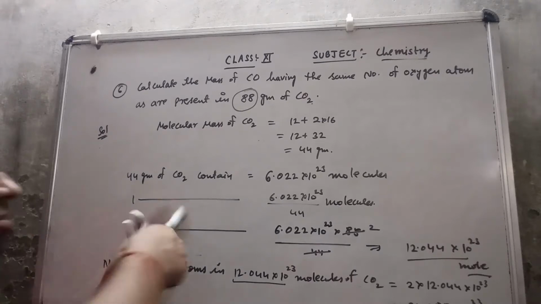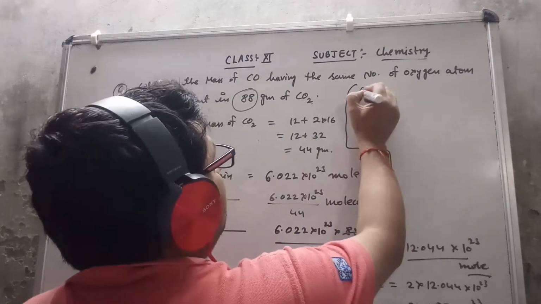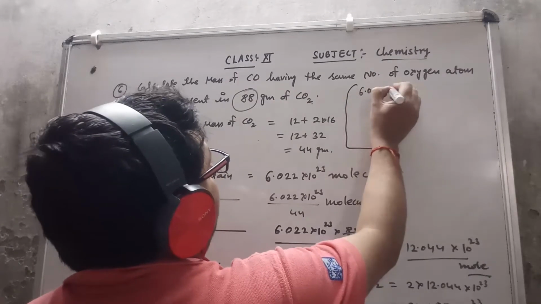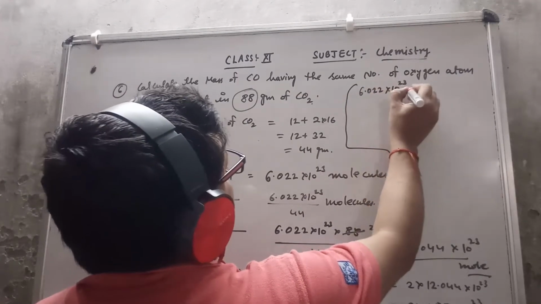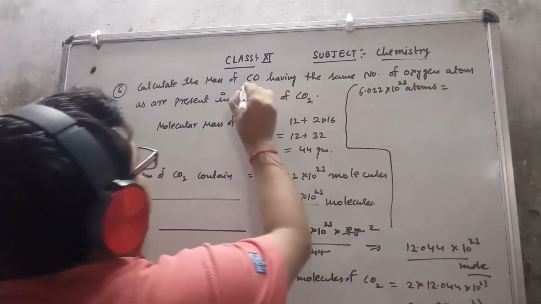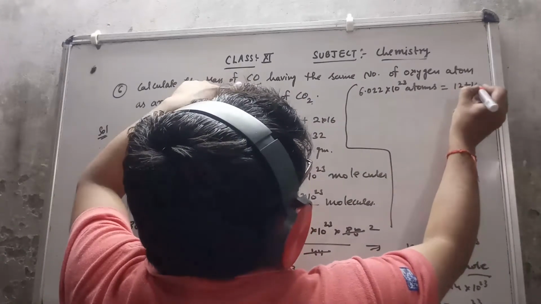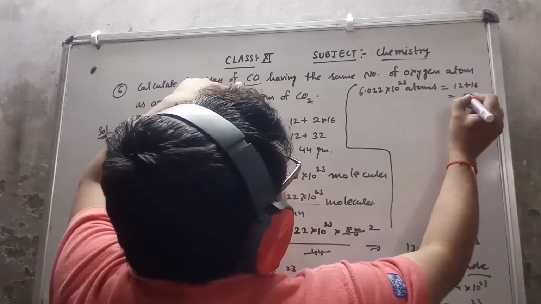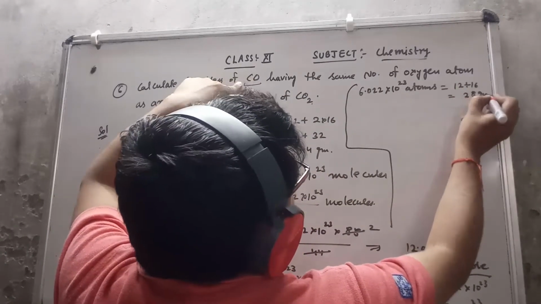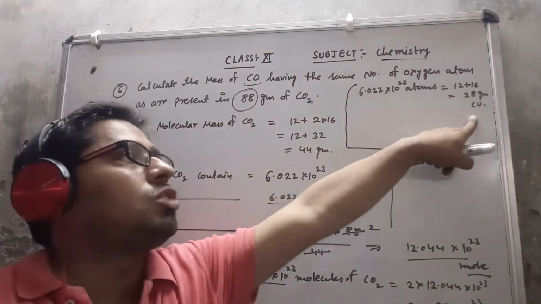If 6.022 into 10 raised to the power 23 atoms are there, then the mass of carbon monoxide is what? This is 12 plus 16, so this is coming 28 gram of CO. For that much of atoms, the mass is 28 gram.